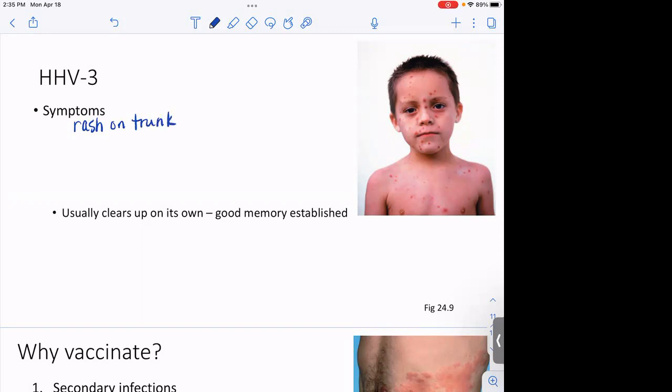It starts on the trunk and then moves out everywhere. When I had it, I had a rash in my mouth and on my throat. I just remember really feeling lousy. I was 8. And other normal viral infection symptoms: fever, malaise, loss of appetite.